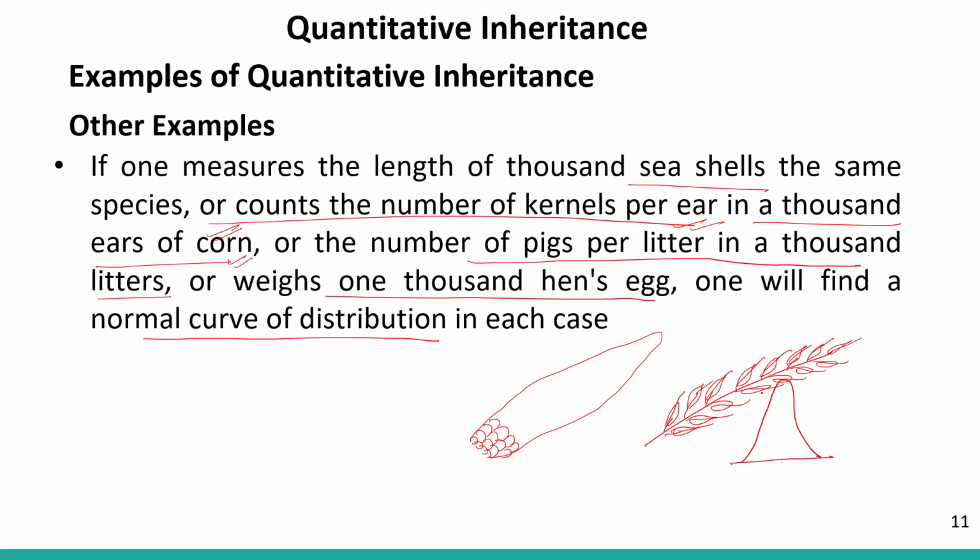In a sample of 1,000, whether you're taking the example of seashells, kernels per ear of wheat or corn, pigs, or 1,000 hen's eggs, you will have in all cases this bell-shaped curve. That is the normal curve of distribution.